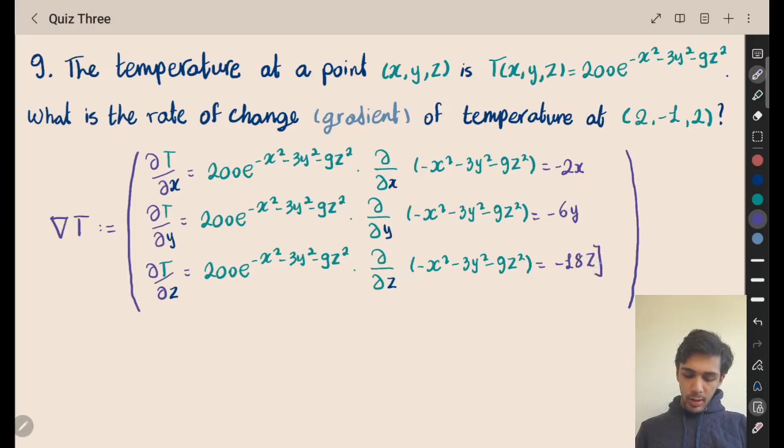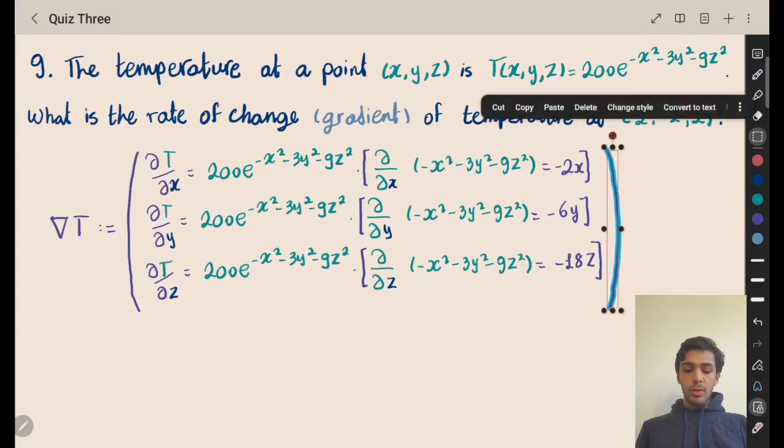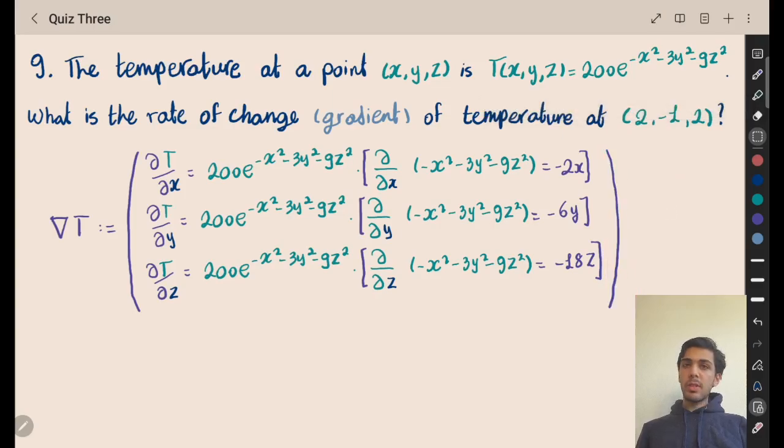Now this is only in the bracket to be very clear. I don't want to write the whole term once again, and at the same time I don't want to erase it. So I do it like this. We're not just looking for this gradient, we're looking for the gradient at a very specific point, which is 2, minus 1, and 2. And so it might be a good idea to compute this.